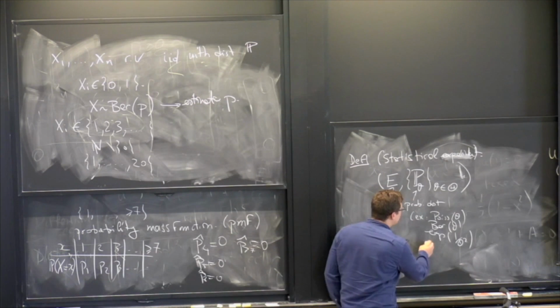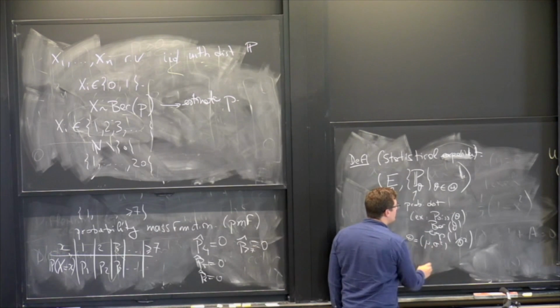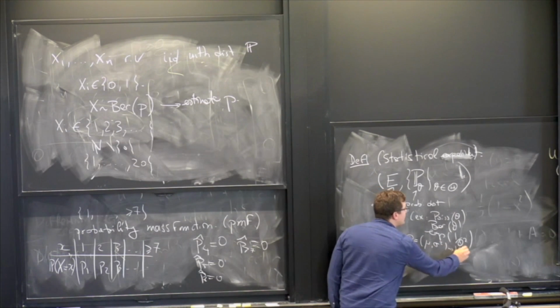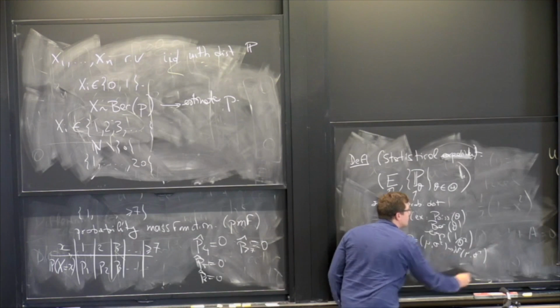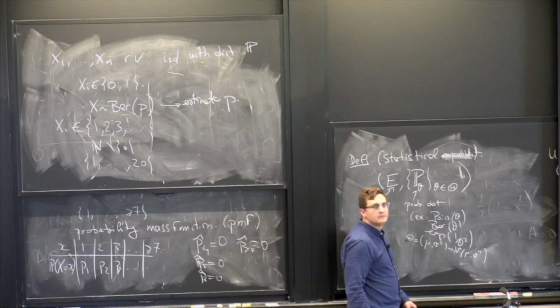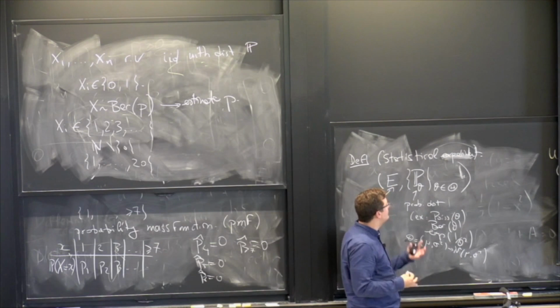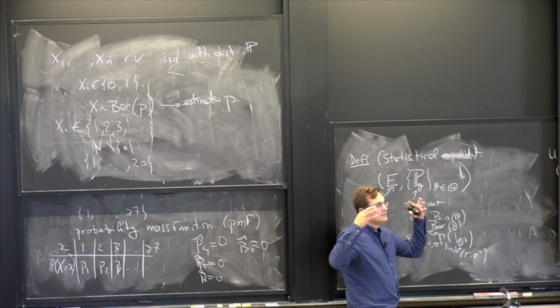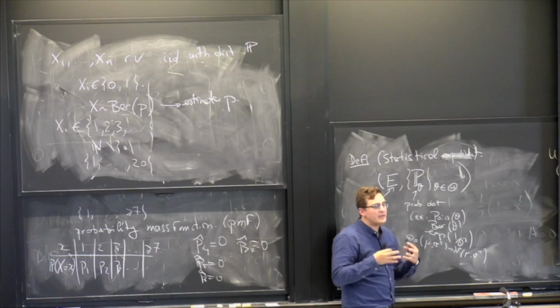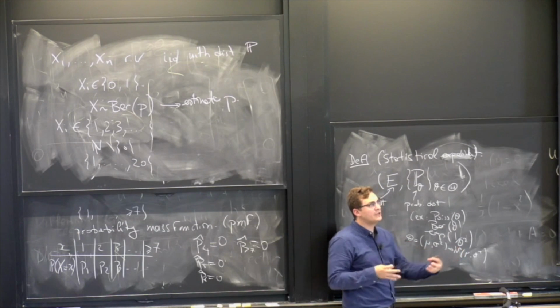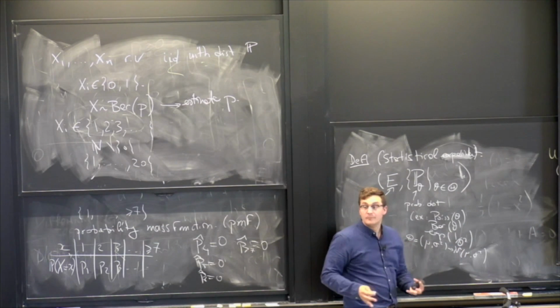It could be more complicated. This theta could be a pair, a pair of mu, sigma squared, and that could actually give you some N(mu, sigma squared). Okay, so anything where, rather than actually giving you a full distribution, I can compress it into a parameter. But it could be worse.